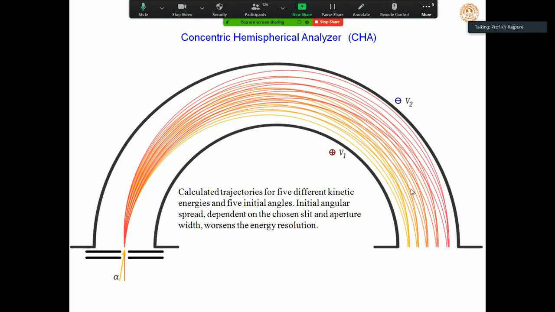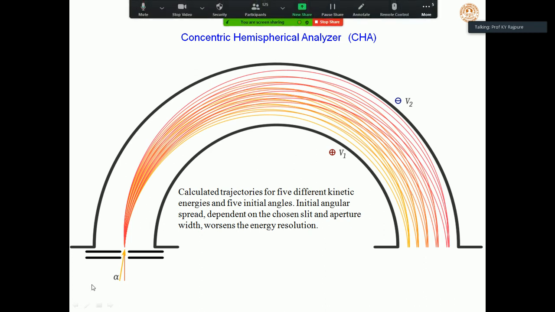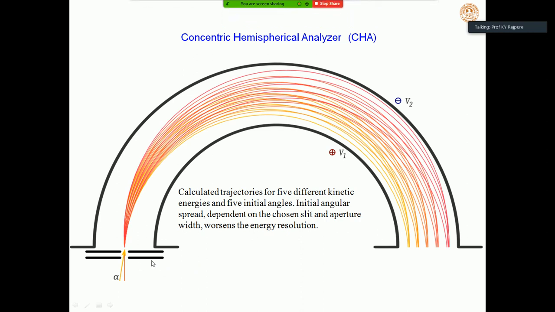The concentric hemispherical analyzer is the other analyzer which is frequently and extensively used as the energy analyzer in XPS. In this figure, which I have taken from the internet, Wikipedia, the calculated trajectories for 5 different kinetic energies at 5 initial angles are shown. The initial angular spread depends on the chosen slit and aperture width and worsens the energy resolution. So you have detectors at various positions, 1, 2, 3, 4 and 5 for example.